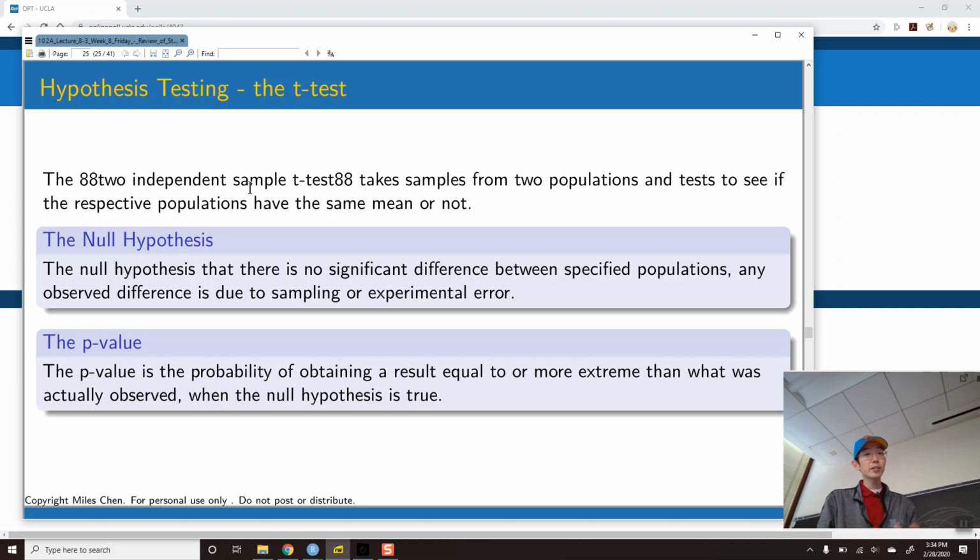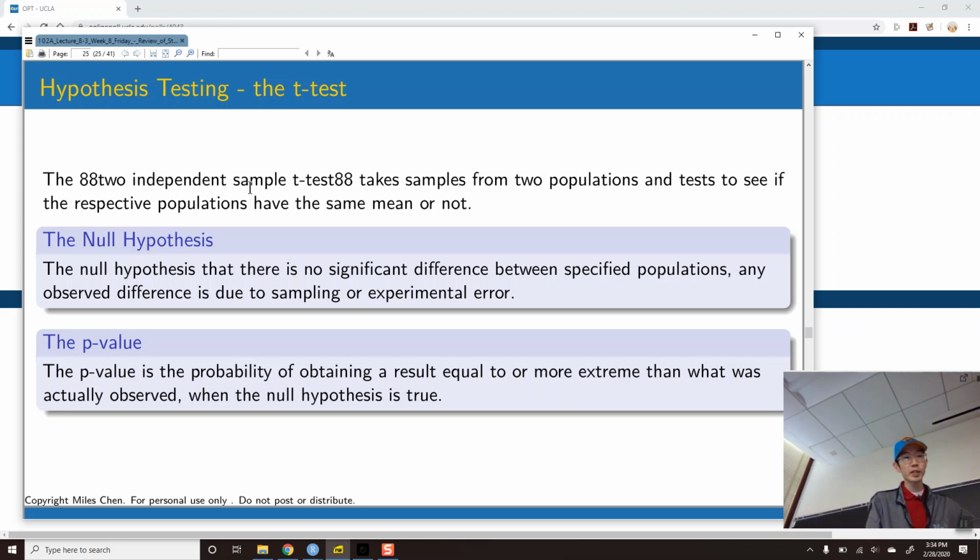So the null hypothesis in this case would be that there's no significant difference between the specified populations, and that any difference that we observe is just due to random sampling or measurement error.